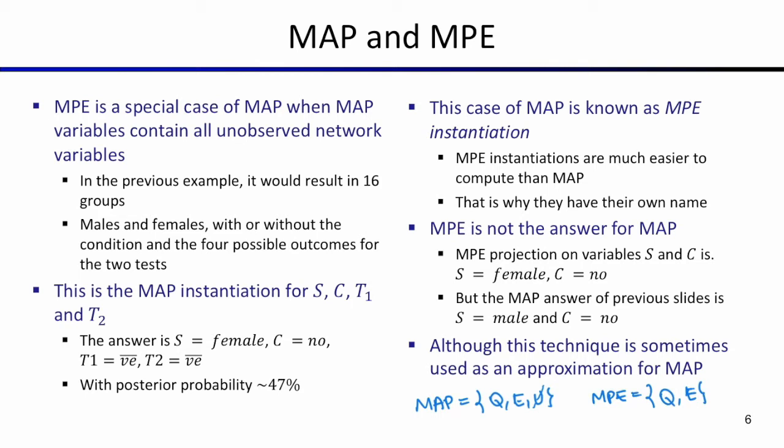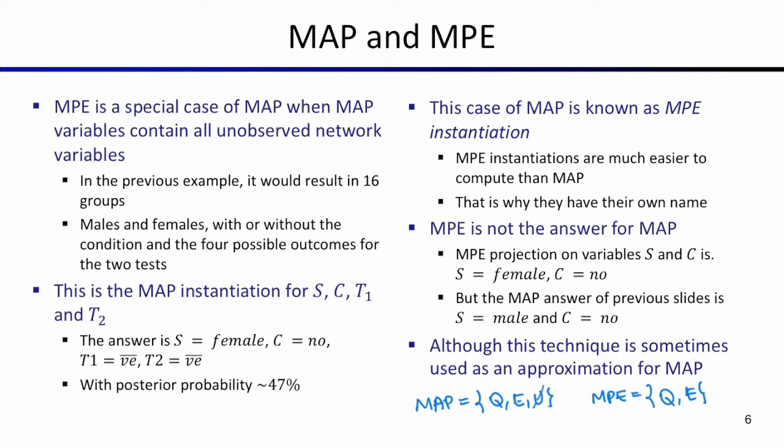So in this case, we have just two sets of variables, and that's going to make the task of inference a little easier for us. So in the case of our example, if we want to compute an MPE query, we will have A equals yes as our evidence, and all the other variables will be MAP variables.